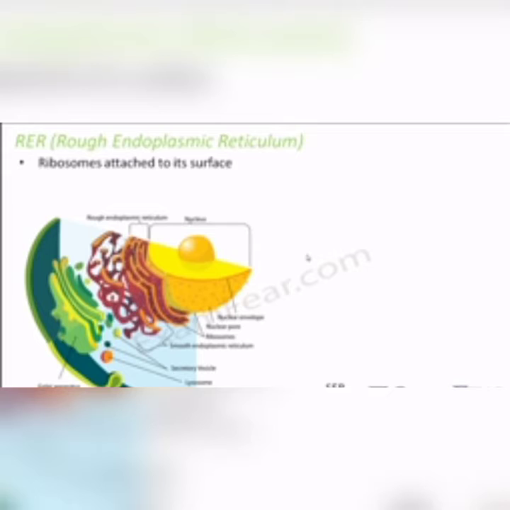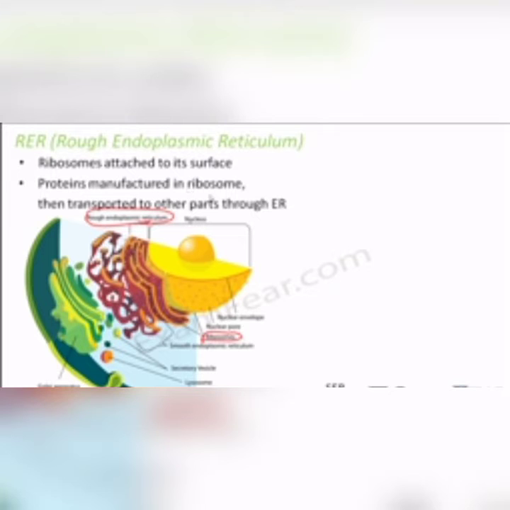Due to the presence of ribosomes, their surface is granular or rough in appearance, and that is why they are called rough endoplasmic reticulum. If you see, this portion is the rough endoplasmic reticulum, and you can see small dot-like structures, and they are nothing but ribosomes.